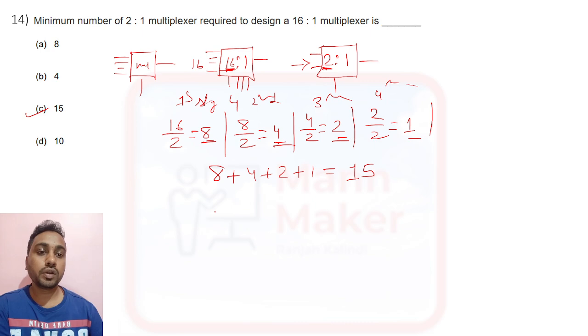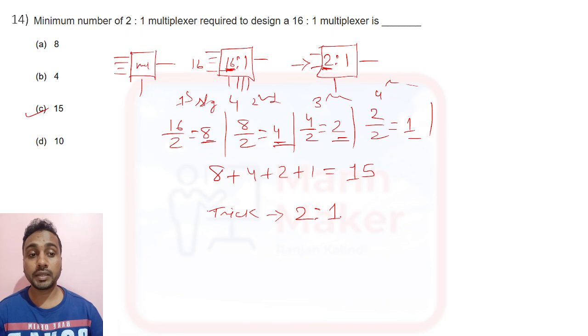Okay. Here you remember one thing you can note down. This is applicable only for 2 is to 1 multiplexer. Whenever it is given using 2 is to 1 multiplexer, we can design 16 is to 1 multiplexer, 32 is to 1 multiplexer, 8 is to 1 multiplexer.